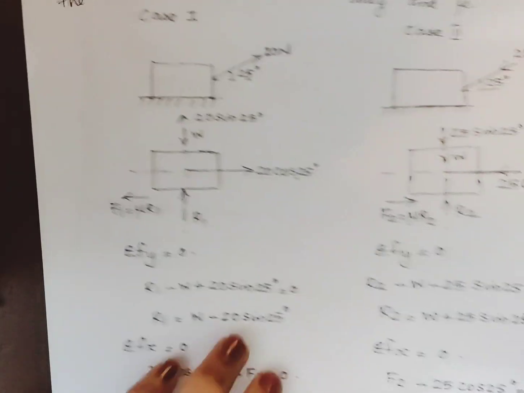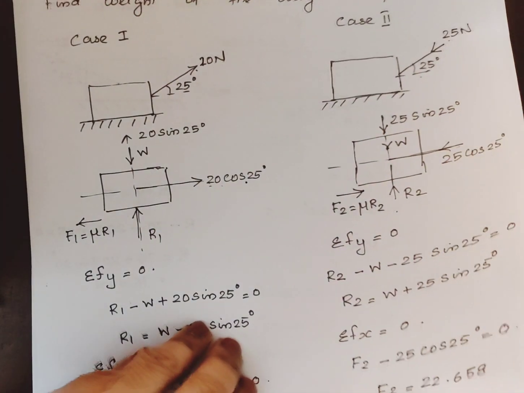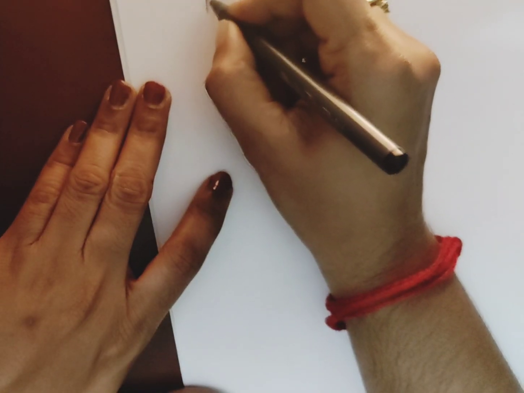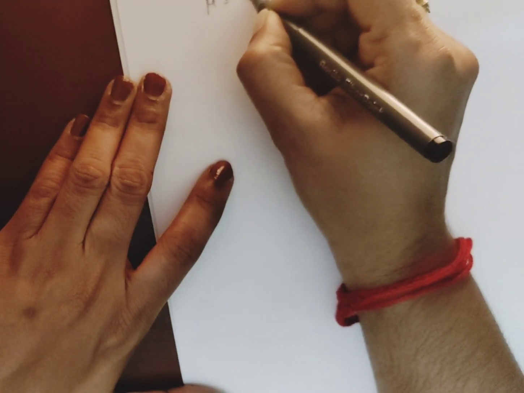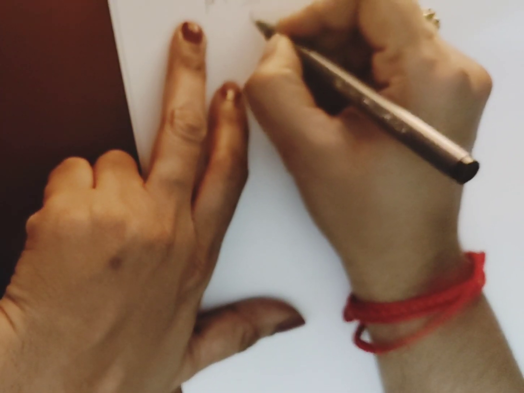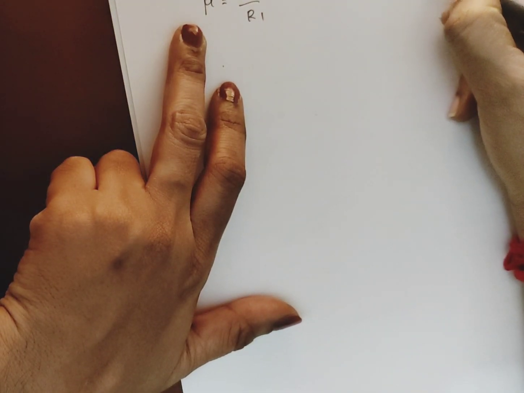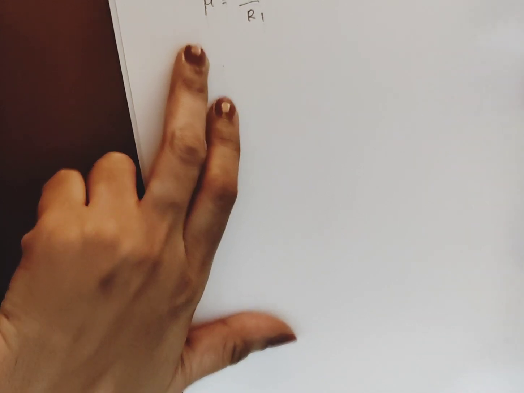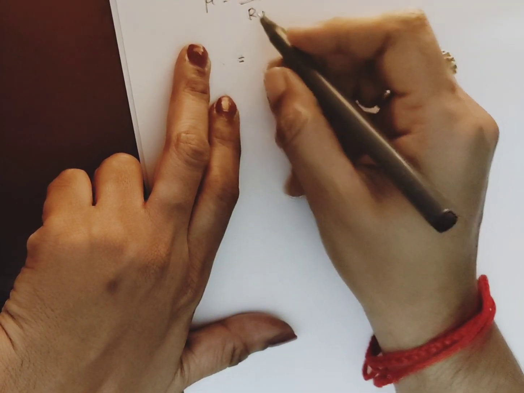So now you have to divide this equation. From the first case, mu is equal to F1 by R1, and the second case mu is equal to F2 by R2. So you have to write the equation for F1.